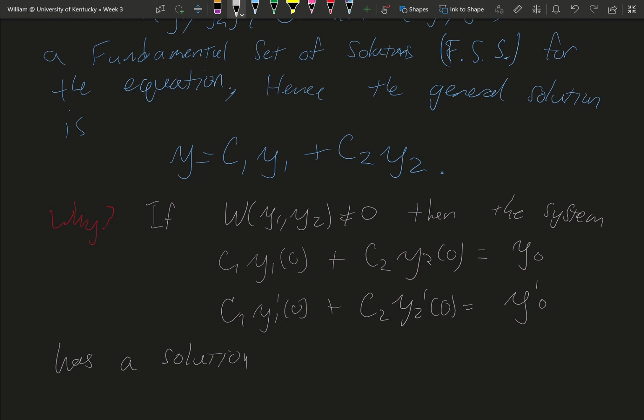So we can solve every single IVP as long as the Wronskian is non-zero. And so by the existence and uniqueness theorem, that means we have all the solutions.